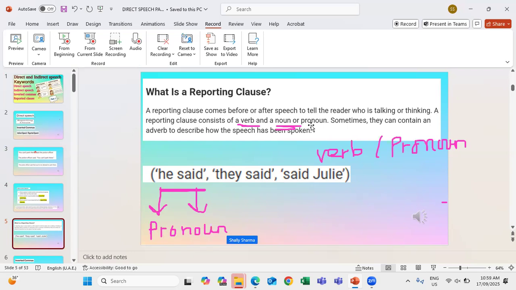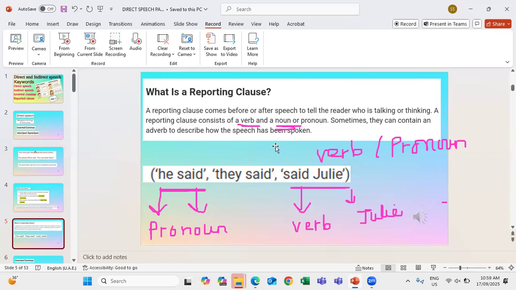Then we are saying "said Julie." Here said is the verb, and who said it? Julie. So that is the noun, a proper noun. So a reporting clause consists of a verb and a noun, or a verb and a pronoun.